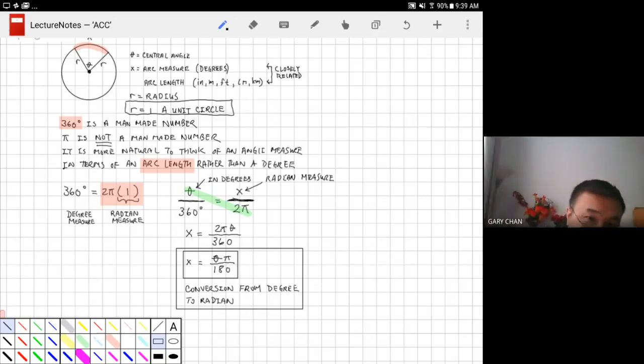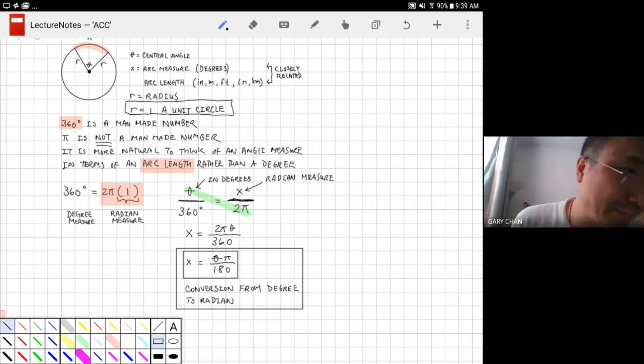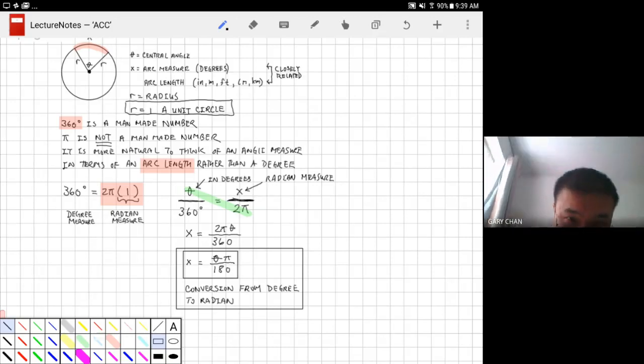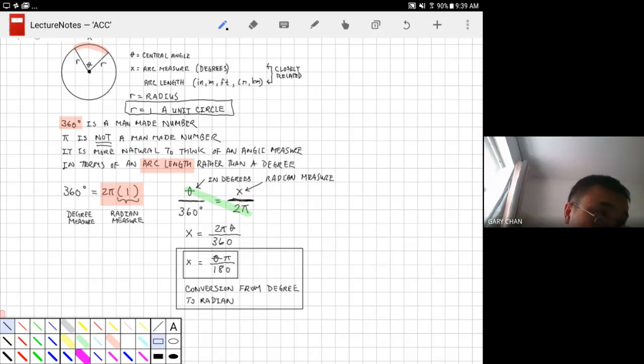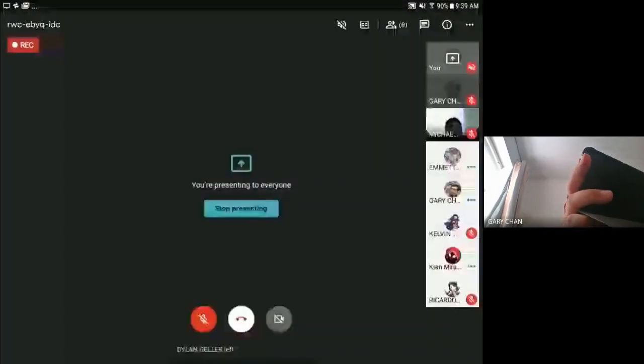Okay, let's take a look at the Khan Academy assignment here. I'm going to stop presenting on my tablet, and let's take a look. It says to convert the angle theta, which is equal to 8 pi over 9 radians, back into degrees.